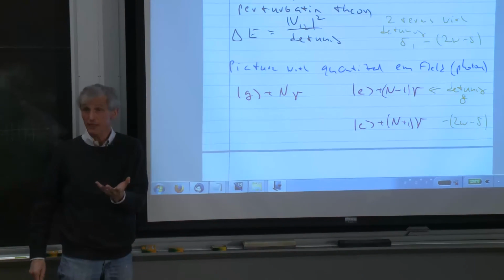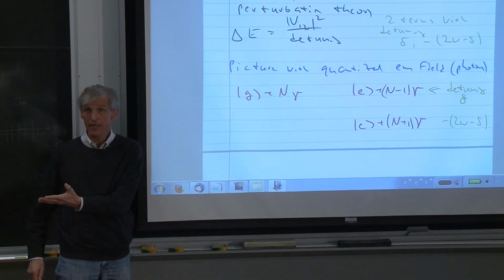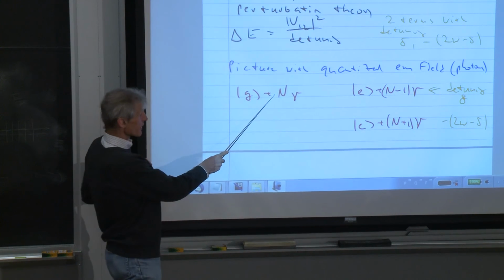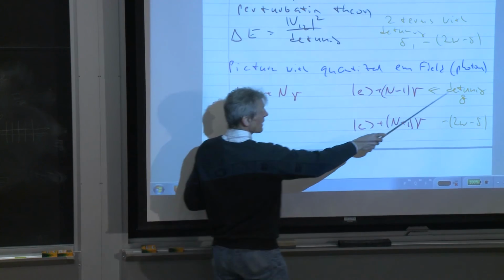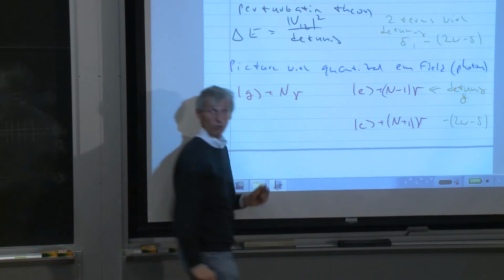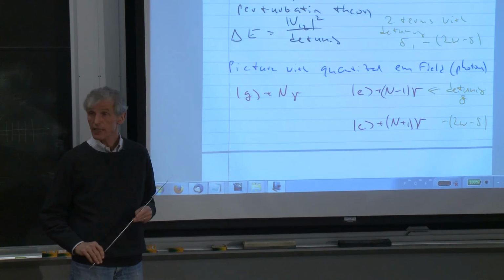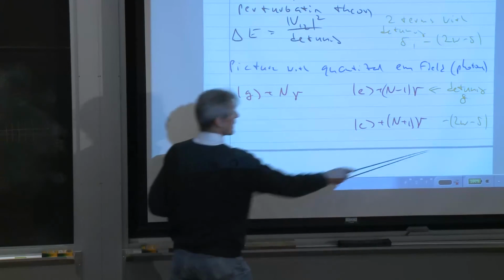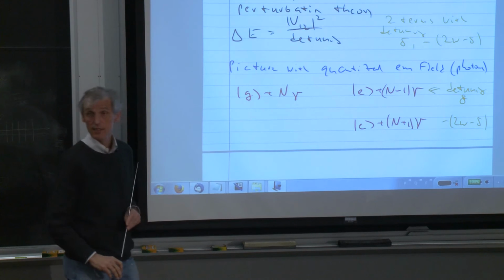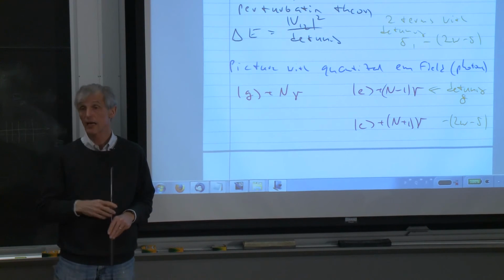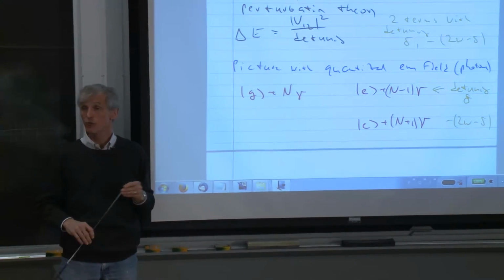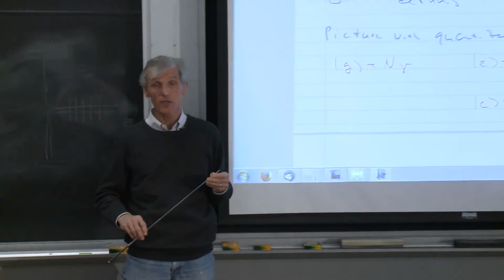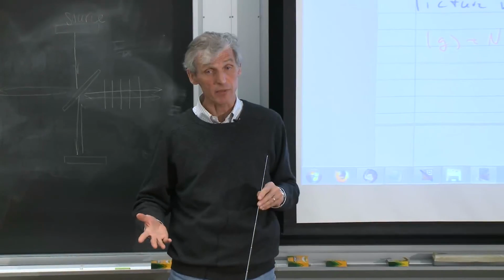And I'm now offering you the physical picture behind it by saying, look, when we have the ground state with n photons and we have those two other states, they have exactly the detuning which our result suggests. And yes, indeed, if we look at the manifold of those 3 states and we simply do time-independent perturbation theory, we would find exactly the same frequency shifts, the AC Stark shift, as we just obtained in a time-dependent picture.